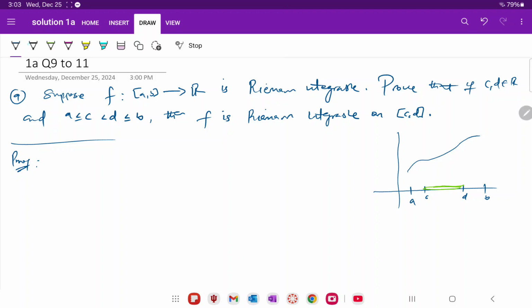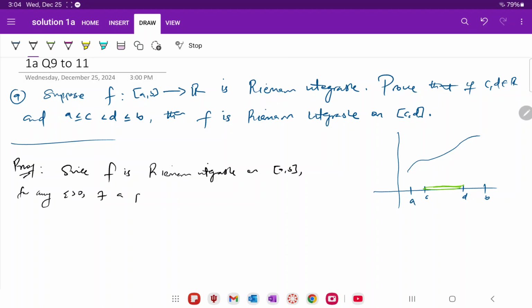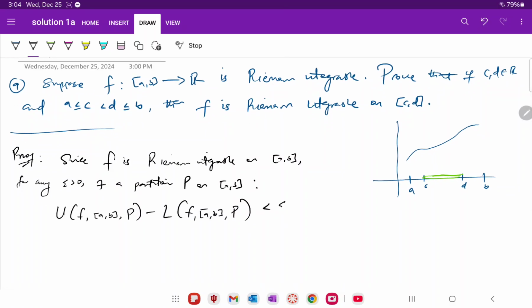Since f is Riemann integrable on a, b, that means that for any epsilon greater than 0, there exists a partition P on a, b such that the difference between the upper Riemann sum and the lower Riemann sum can be made smaller than epsilon.